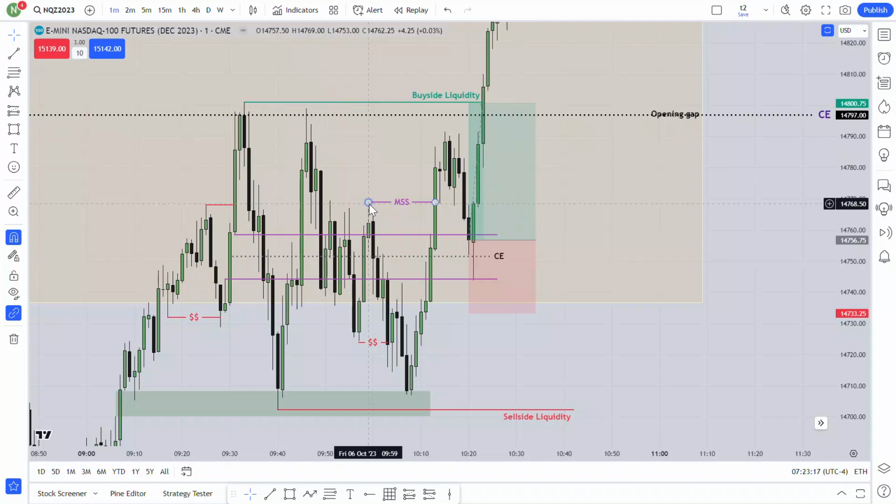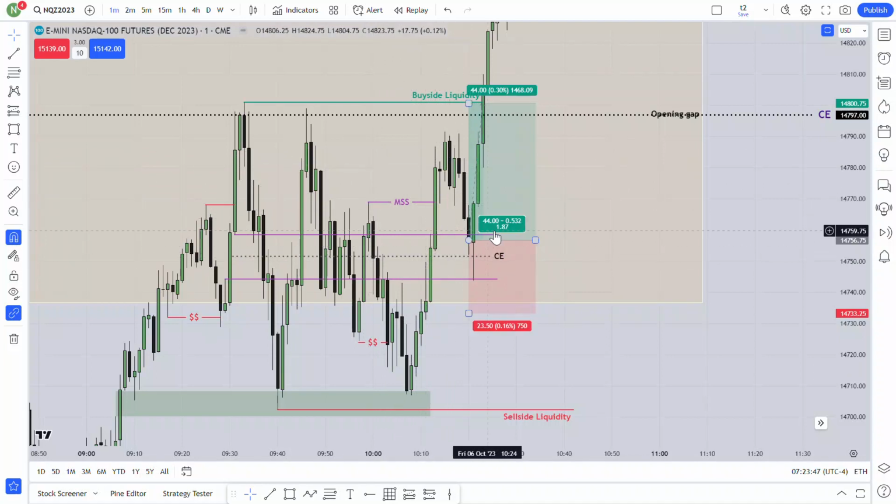So it has to fulfill one of the conditions: either it has to trade any kind of fair value gap over here, or it has to have a swing high which is lower than this swing high on both sides. So it has a swing high over here which is lower than this swing high, and here which is lower than this swing high on its left. So this is eligible for shifting market structure. So when the price runs and goes through this high, I mark it as my market structure shift.